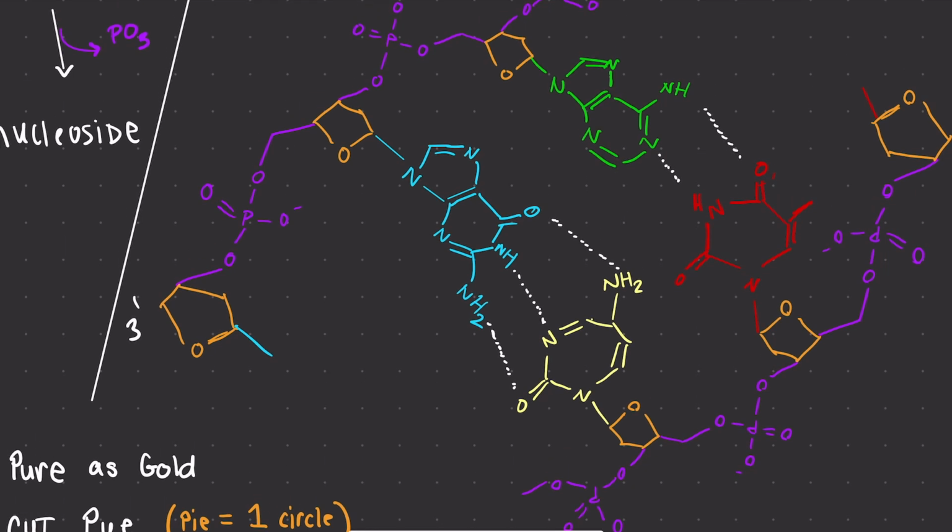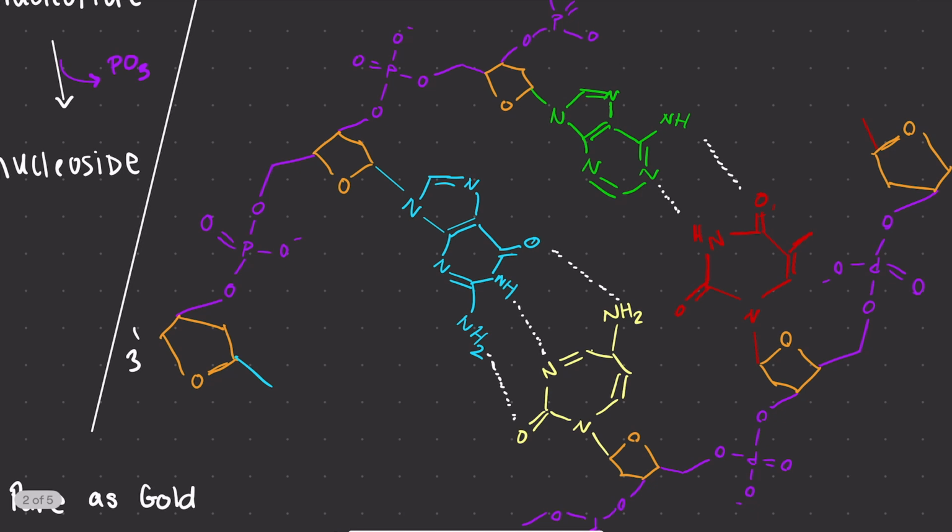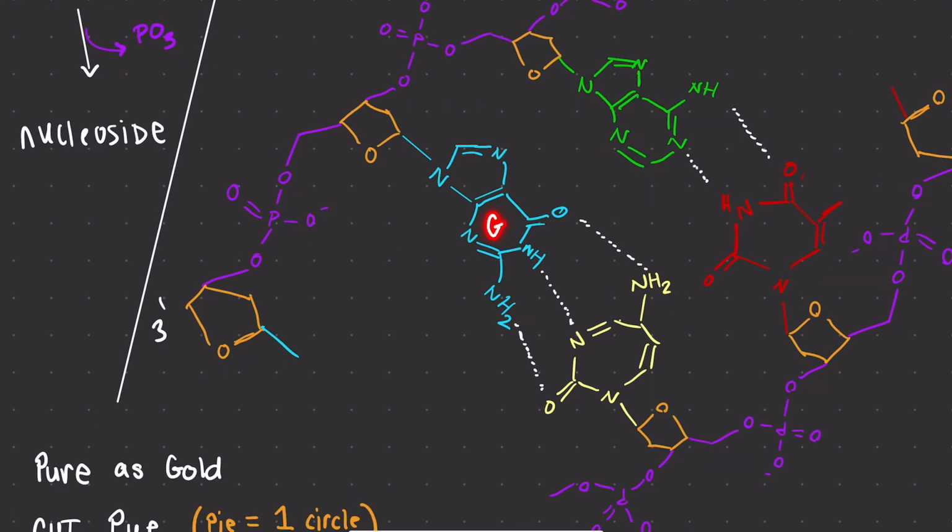Well, we need one that forms 2 hydrogen bonds. That would be this guy. And so it must be, using our last memory device, "at grand champ," where the T represents 2. So this must be adenine. And that leaves this one being guanine.